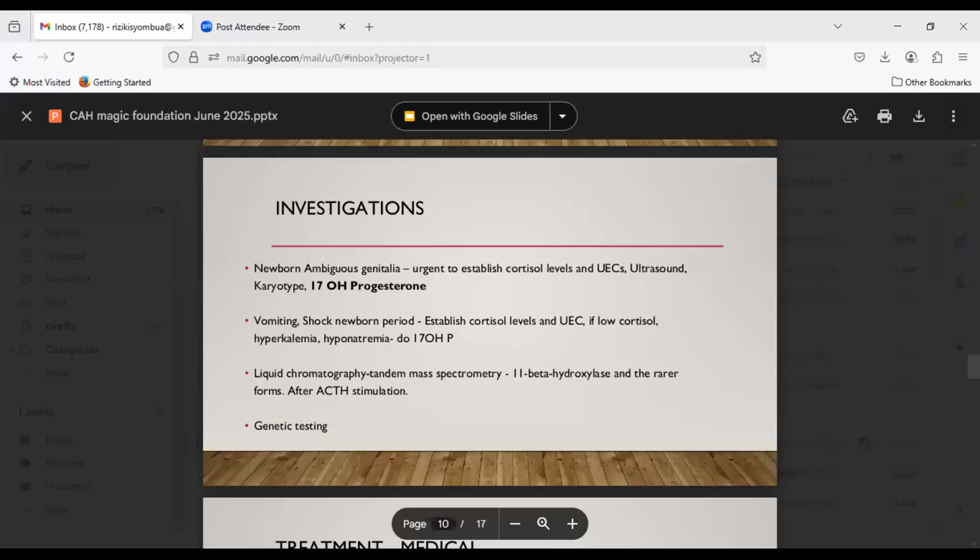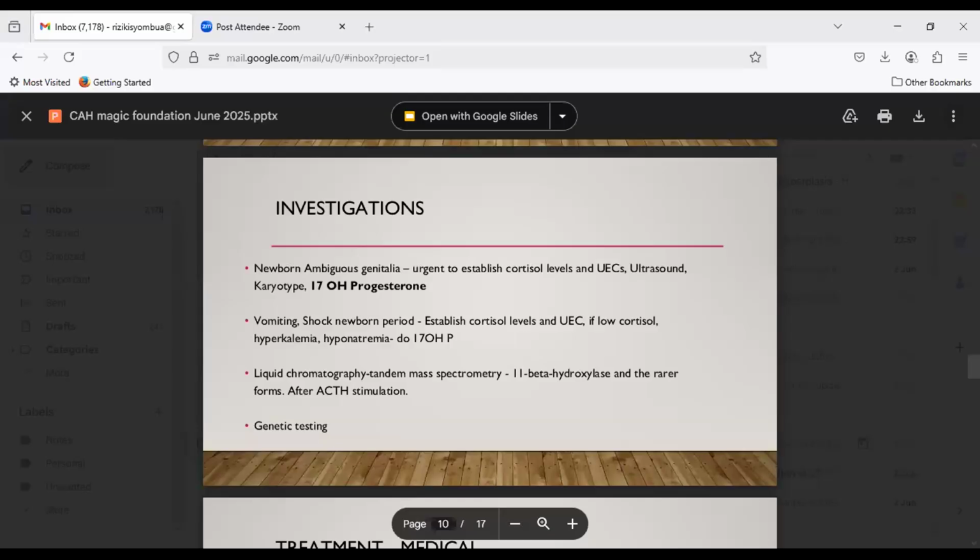And look at the urea and electrolytes, especially because of the mineralocorticoids. You may need an ultrasound to see the internal genitalia, whether they have any Mullerian structures. Then karyotype and 17-hydroxyprogesterone, because the commonest is 21-alpha-hydroxylase, and that's what we'll diagnose.